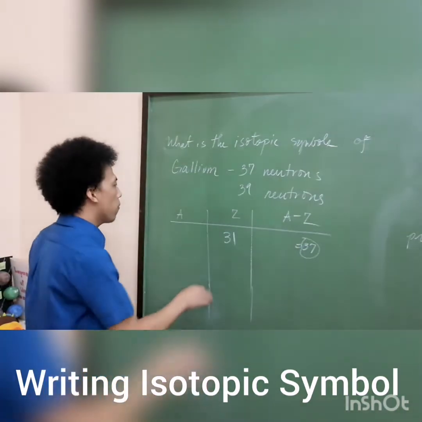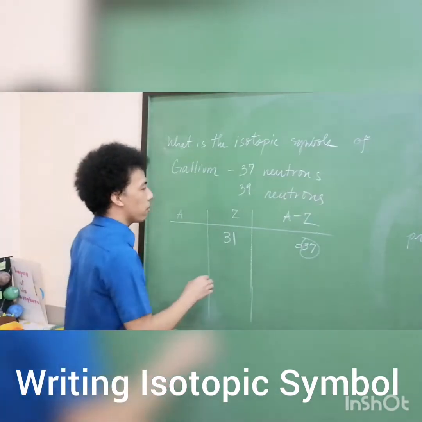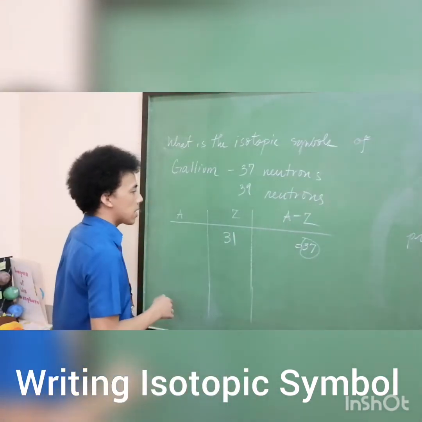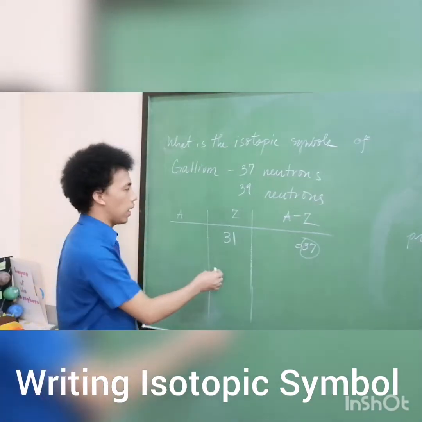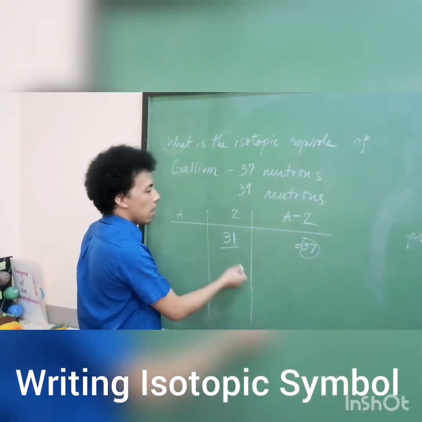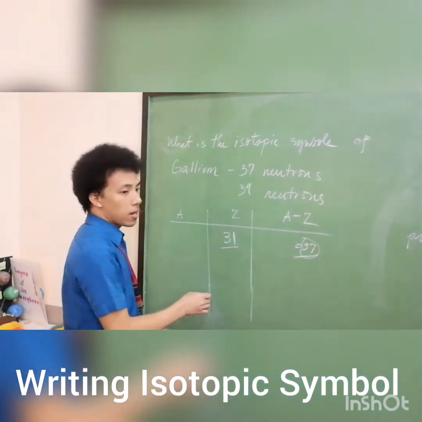Okay. And to know the atomic mass, we follow the reversibility of A minus Z. Instead, we proceed in adding the atomic number and the number of neutrons. So that will be 31 plus 37.